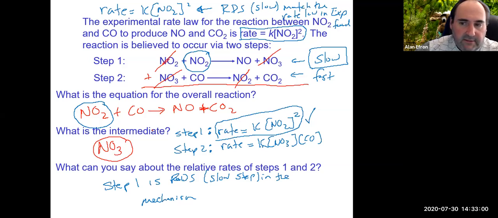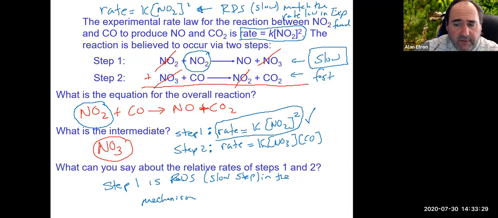Any questions on that type of mechanism question? So this is, again, a very common mechanism question. This is a question where they didn't really tell you, hey, this is the slow step, this is the fast step. But again, they gave you that really important piece of information that the experimentally found rate law was rate equals k NO2 squared.